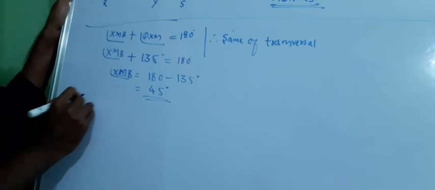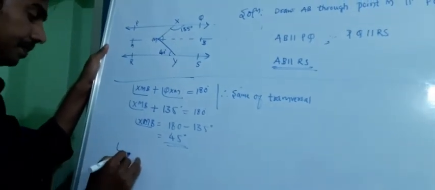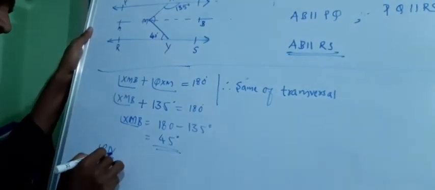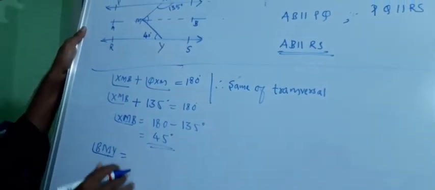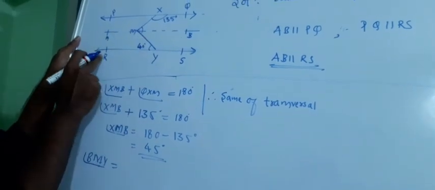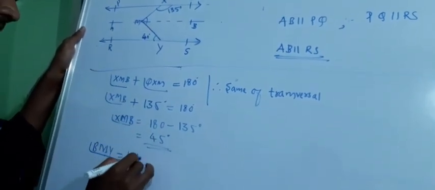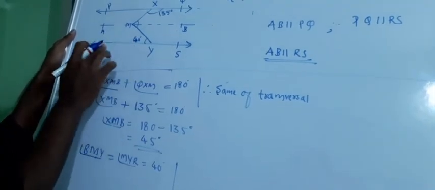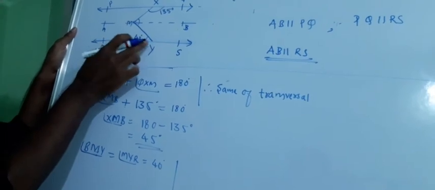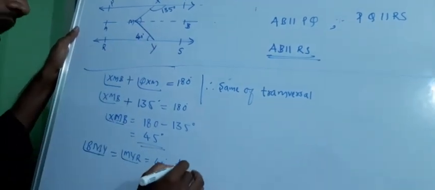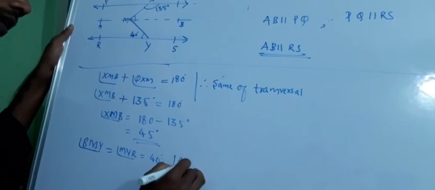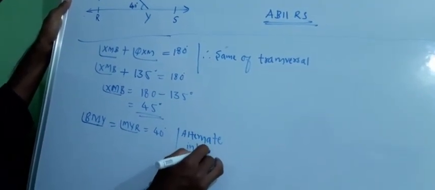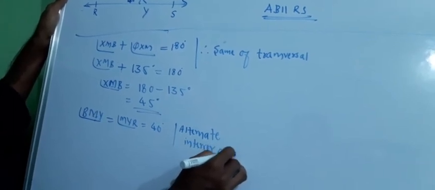Now angle BMY is equal to angle MYR, which is equal to 40 degrees, because MYR is equal to 40 degrees, which is equal to BMY, because they are alternate interior angles.